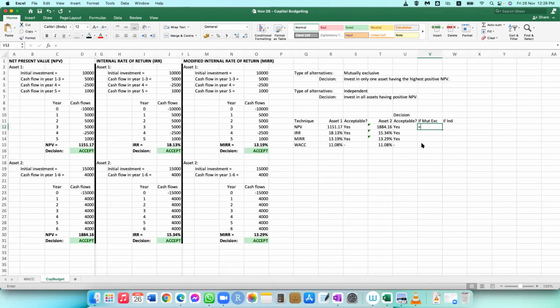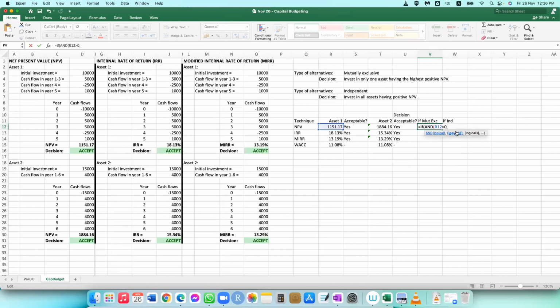Let me try. If this one is greater than 0, I'll show the example only for one, not for all. Okay, if this one is greater than 0, and before that I have to press AND, that means both conditions must be satisfied.